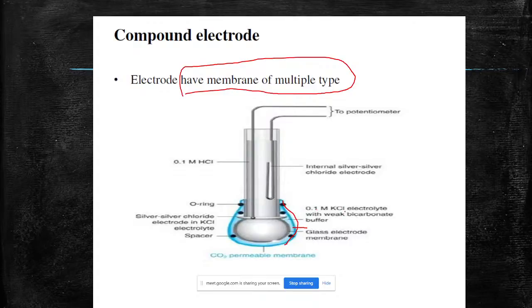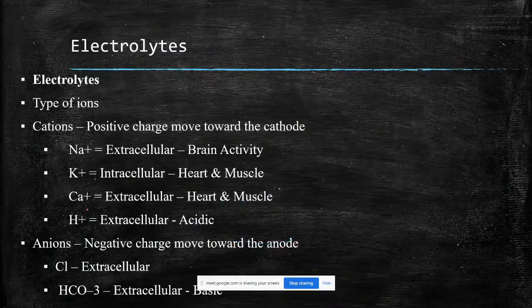Here 0.1 molar potassium chloride electrolyte with weak bicarbonate buffer is placed, and then a silver chloride electrode that is dipped in potassium chloride is present. Okay, so this is the compound electrode, it contains multiple types of membrane attached to it.